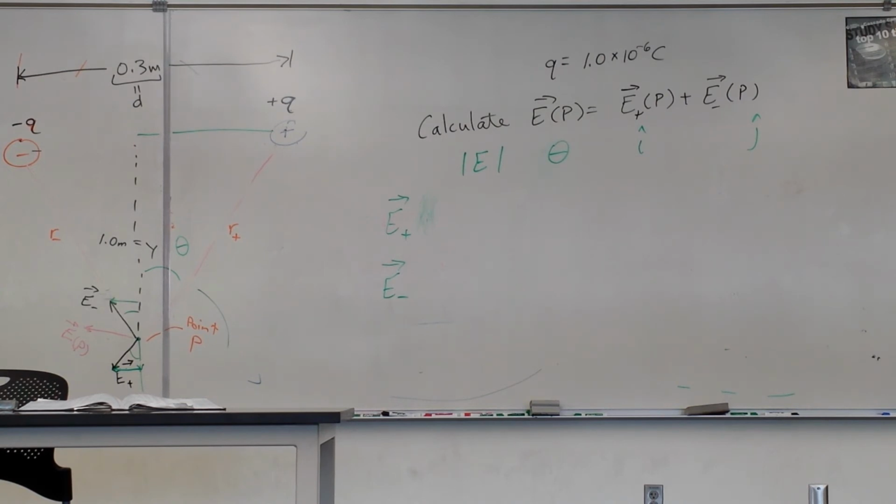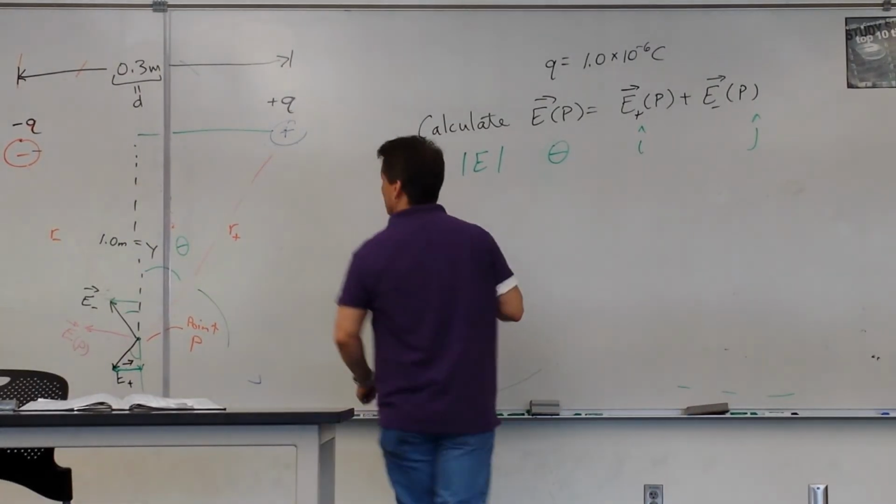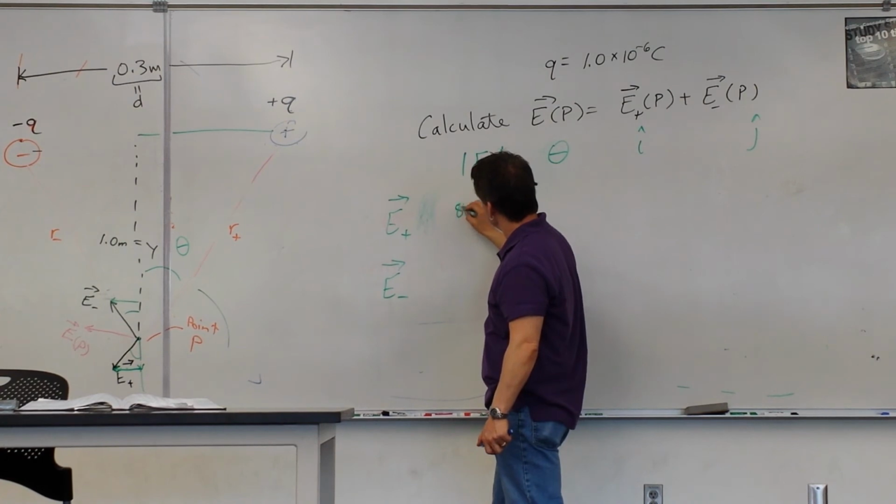I got 8.80 times 10 to the third for E. That's the magnitude, and it's gonna be the same for both. Now, the directionality will be different, but since I put them in the same direction, I just left them like that.